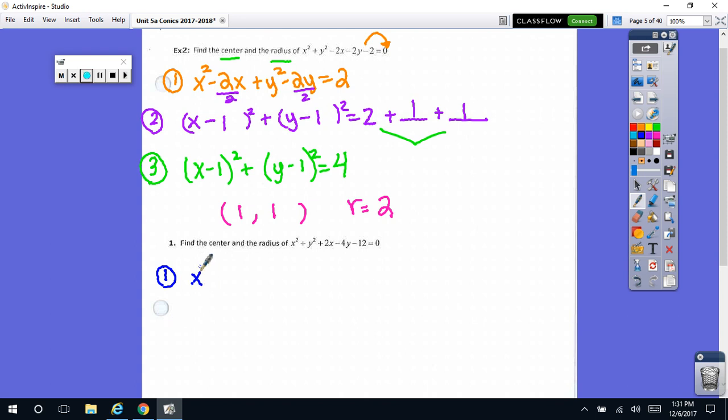Again, x's together. Equals -12, so when it comes over here, it becomes +12.